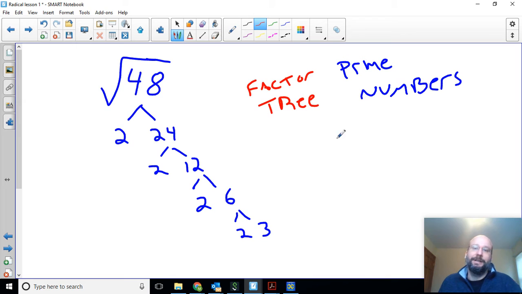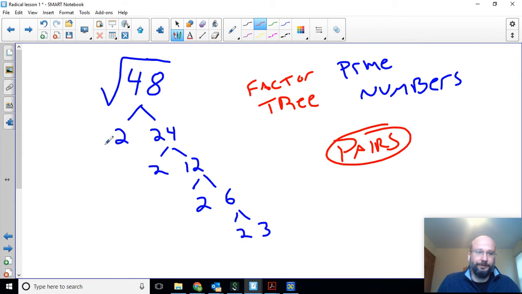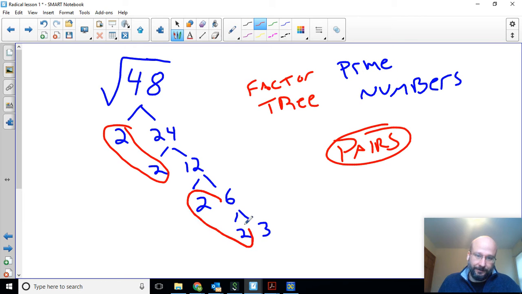So now we want to look for pairs, right? Two of each number. So we have a pair of 2s and another, right? We have 2 groups of 2. So what this means is whenever you find a pair, you can bring one to the outside.